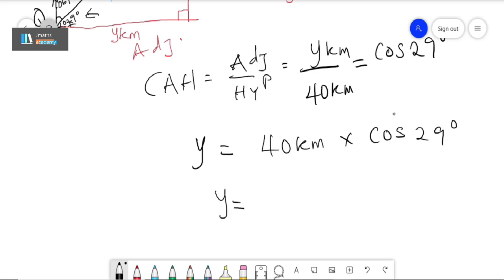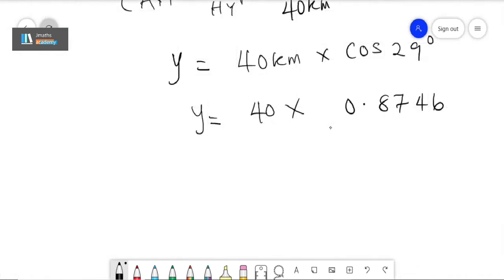So y is equal to 40 multiplied by 0.8746. Once you punch your calculator, that's what you get. And we have y equal to 34.984.